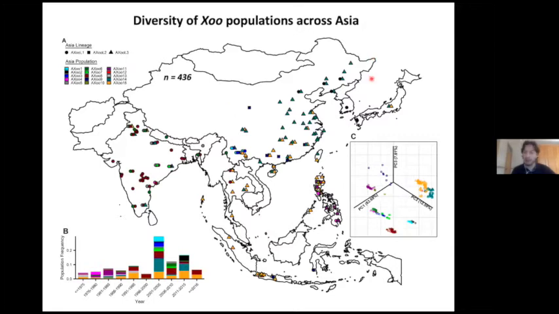And these are the locations of the genomes that we have been sequencing as a community. There are around 430 genomes across all of Asia and across the last 40 years of agriculture in Asia. So we have been capturing this diversity as much as possible. What we know so far is there are 3 big groups and 15 populations.